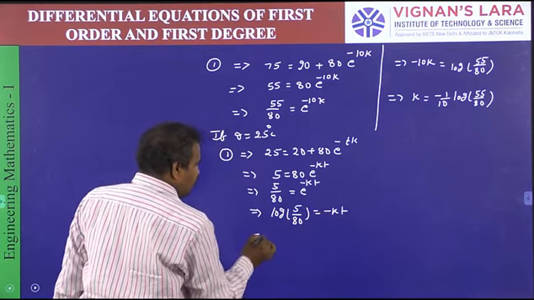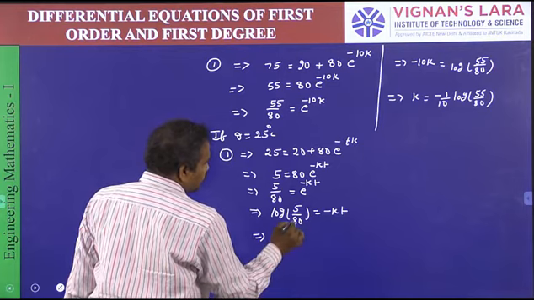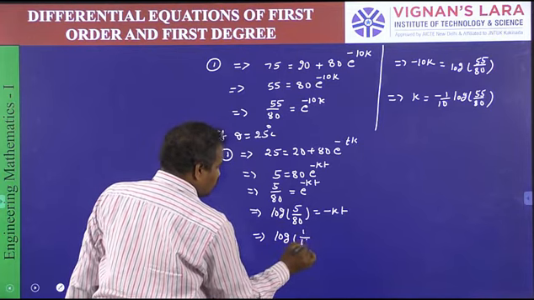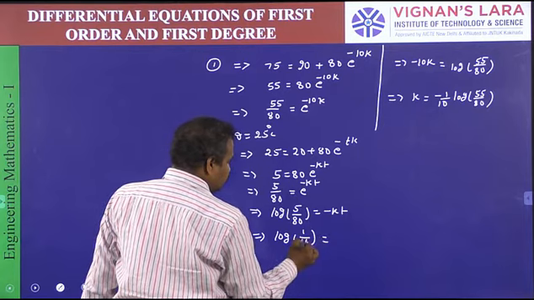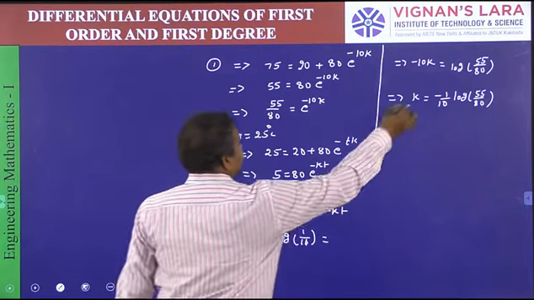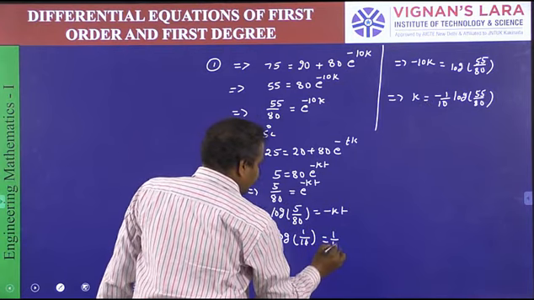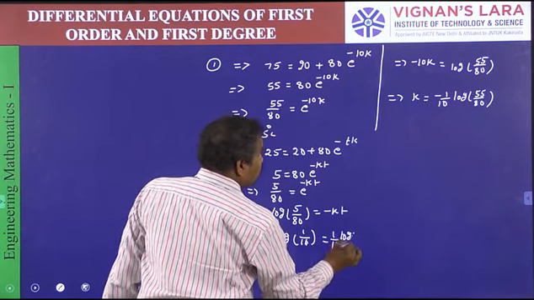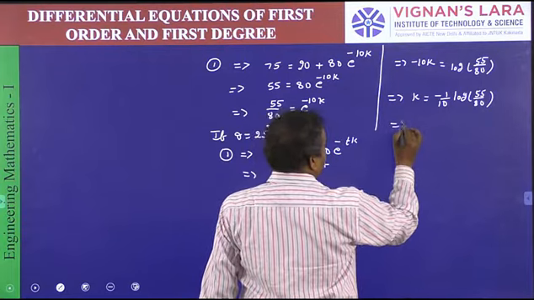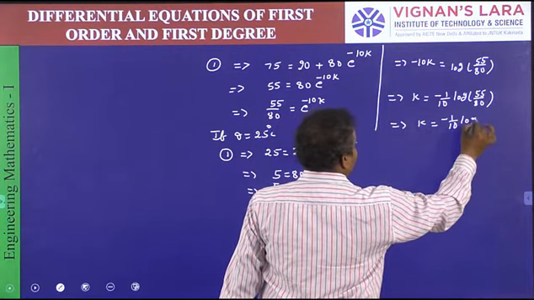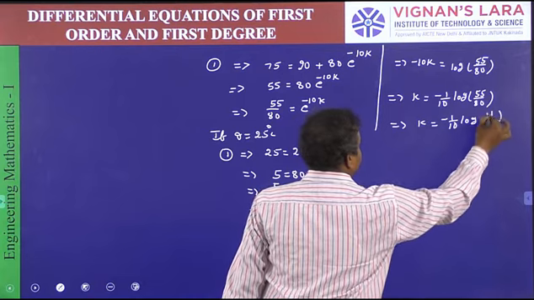Substitute the value of k here. 5 into 1 times 5, how many times? 16 times will get cancelled. Log of 1 by 16 is equal to minus k. K value is this one, minus into minus is plus. So 1 by 10 into log of 55 by 80. What is the value of 55 by 80? Log of 11 by 16.